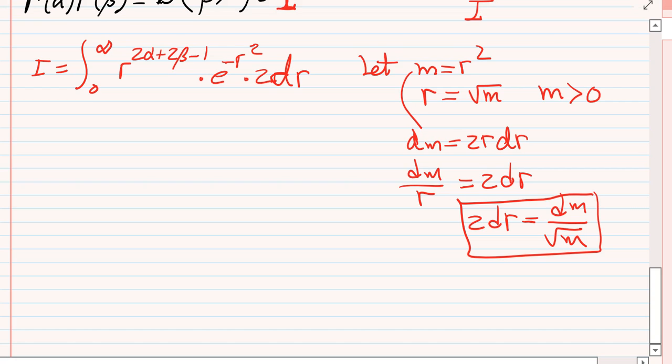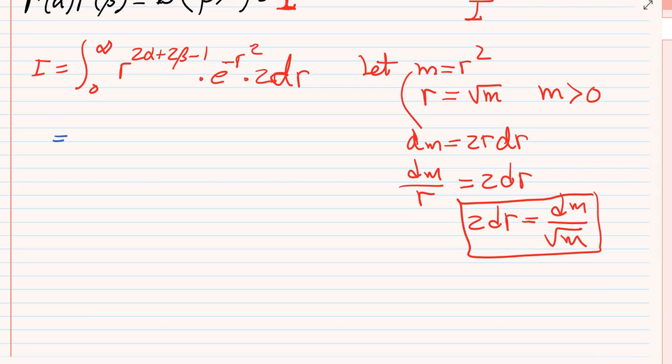Okay, now let's actually work this integral. So this is going to equal the integral from 0 to infinity.